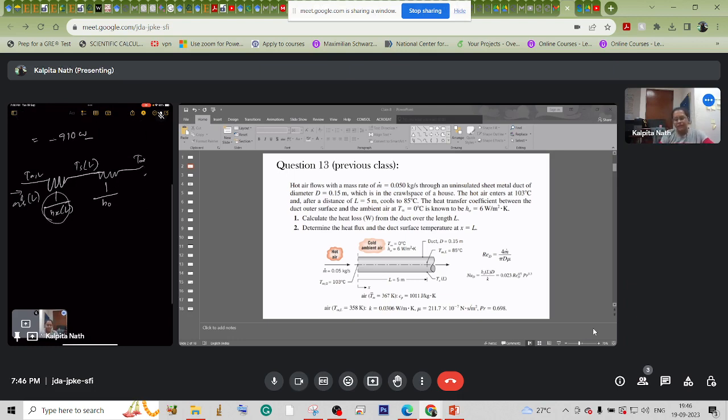This is the mean temperature of the fluid, and this is at the surface of the pipe, in the r direction.